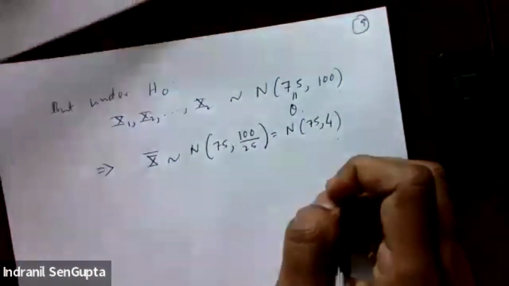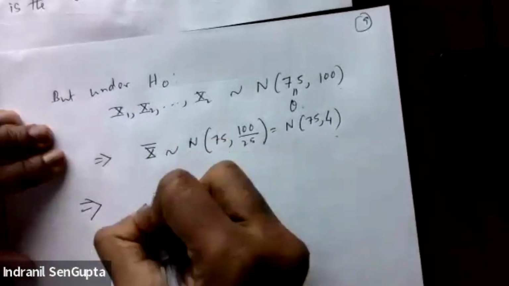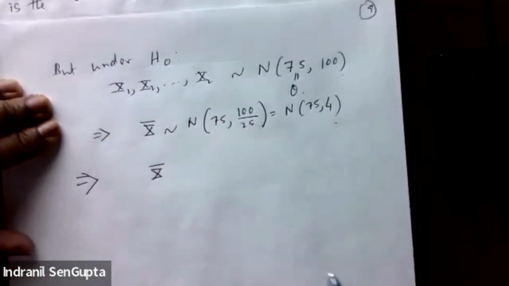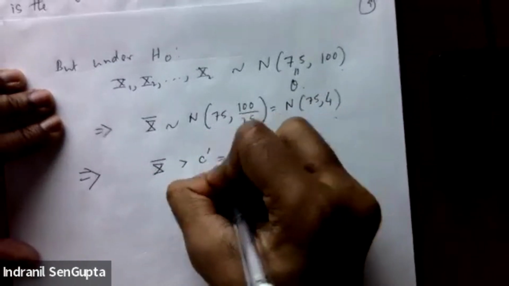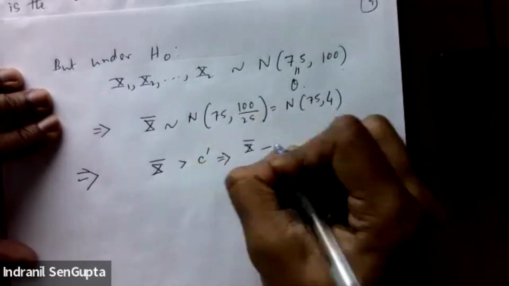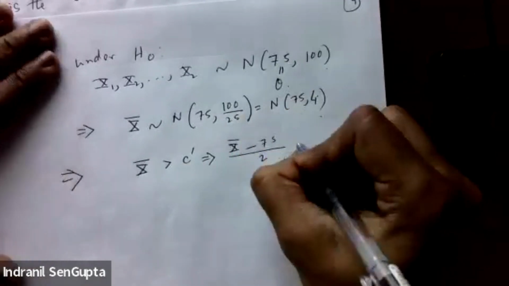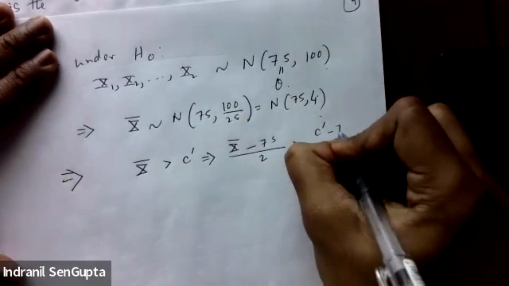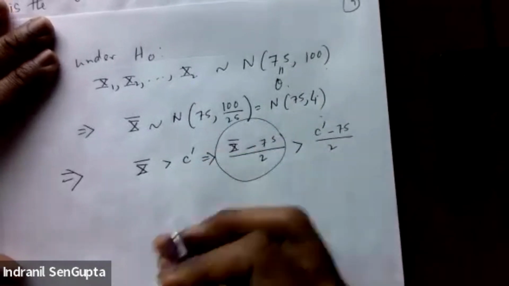x bar is more than some c prime really means x bar minus 75 over 2 is more than c prime minus 75 over 2. And this is nothing but the z, right?